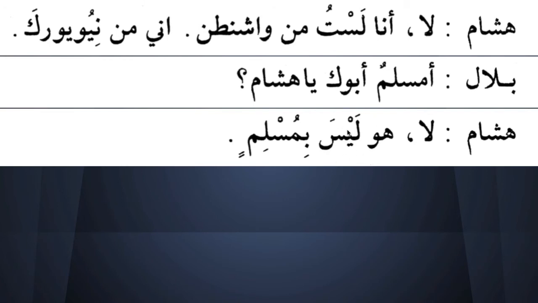Where is ism laysa here? So we don't see anything from marfu. So we know ism is marfu. So it is mustatir taqdeeruhu huwa. So huwa laysa bi muslimin. See, laysa bi muslimin. Bi is harf jar and muslimin is ism majroor. So he is not a Muslim.